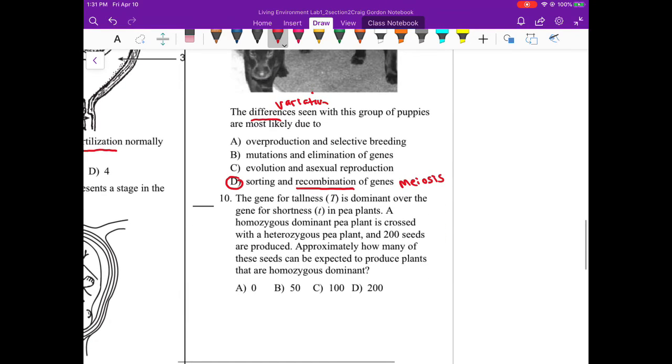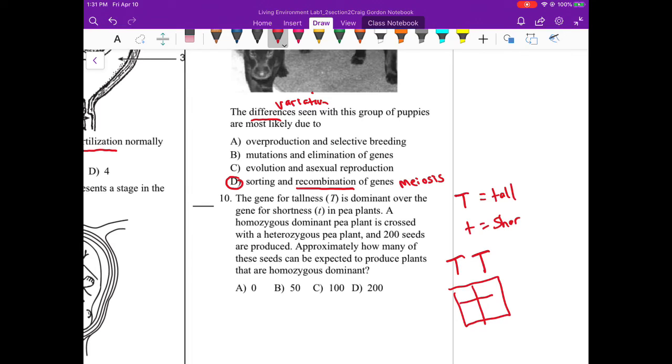Lastly, little Punnett square on there. If big T is dominant, tall, over little t, short, a homozygous dominant, so that's going to be big T, big T, plant is crossed with a heterozygous plant. That's going to be big T, little t. And 200 seeds are produced.